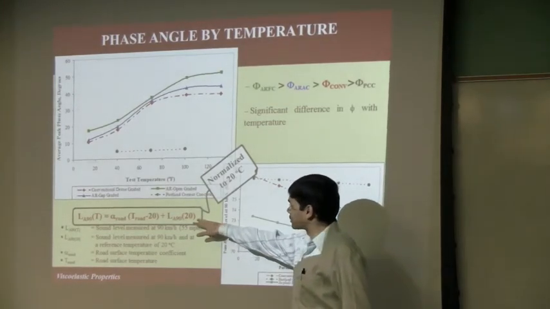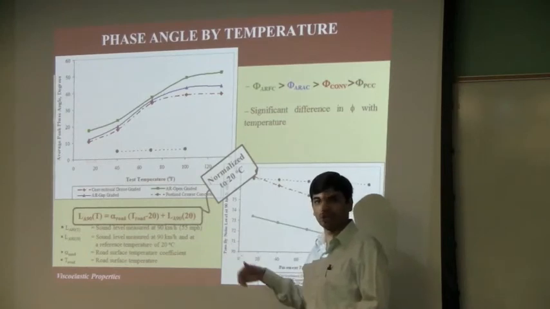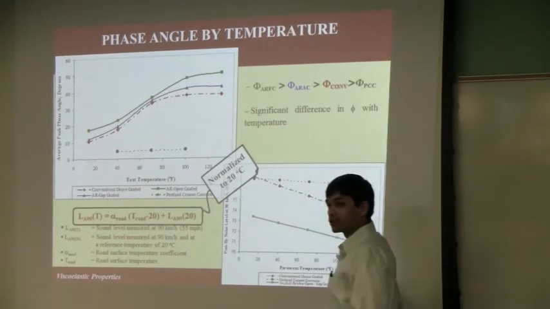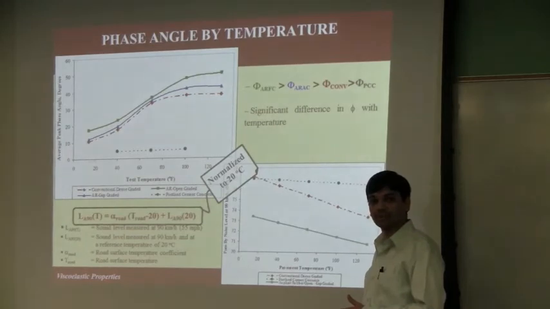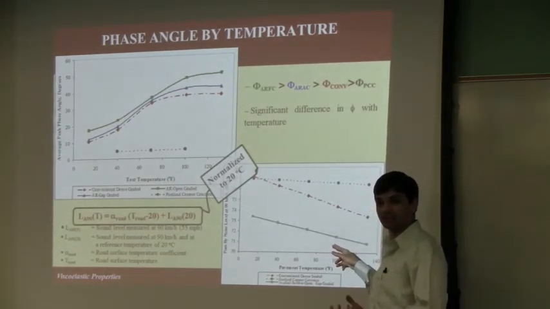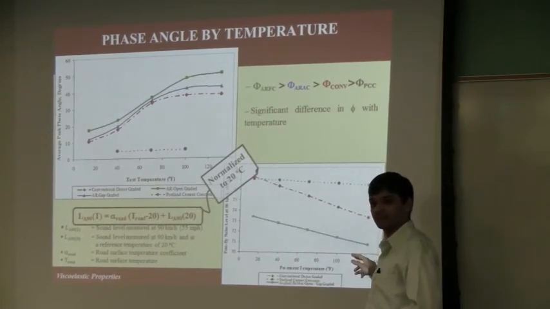And using this model and the experiments that we ran at different temperatures, we found that with increase in temperature, since the material becomes more viscous, and the binder effect starts to be more pronounced at those temperatures, the noise value starts to decrease.